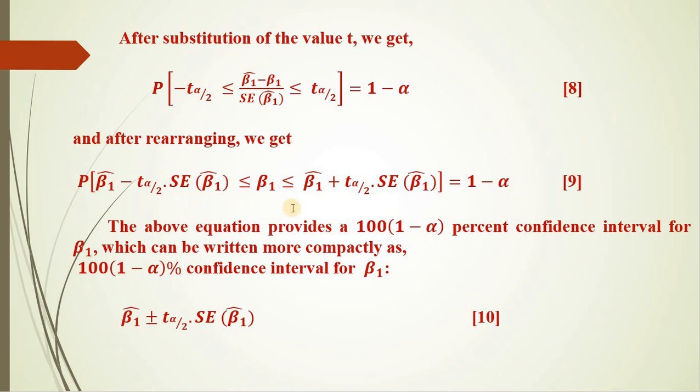So this above equation provides the 100 into 1 minus alpha % confidence interval for beta 1. And we can write it in compact form also. This is written like this: the 100 into 1 minus alpha % confidence interval for beta 1 is beta 1 cap plus minus t alpha by 2 into standard error of beta 1.